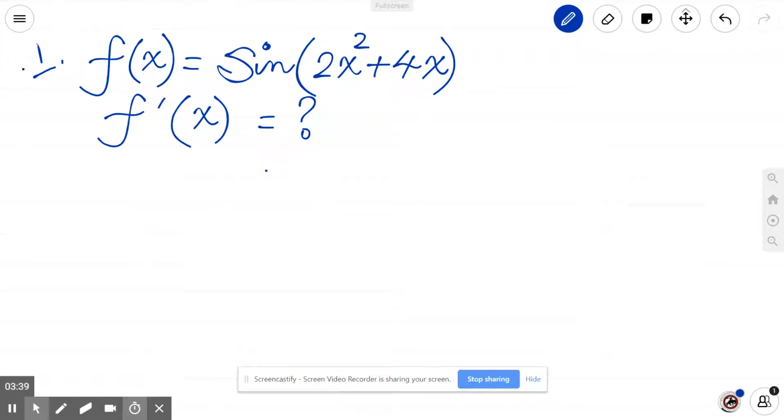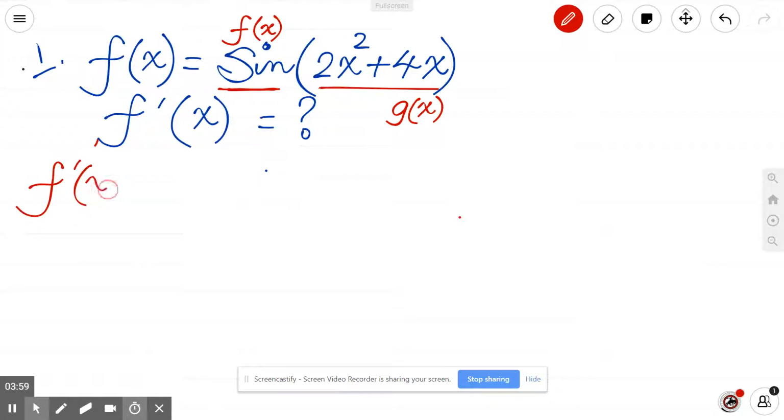So first you need to identify your functions. Your outer function is f of x, and your inside piece is your g of x. So it's important to identify that, and then now we'll just go ahead with the formula. So our f prime x, or this derivative, can be written as, I just put my outside function and I do the derivative of outside.